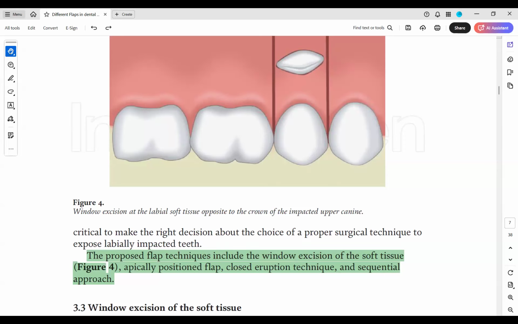Now let's go and see what the gingivectomy technique is. Now suppose this canine was far closer even to the attached gingiva, then in that case you can also remove and cut off this coronal part of the flap.